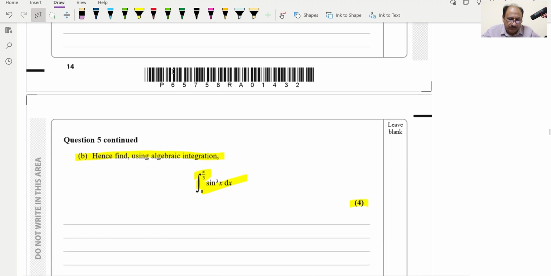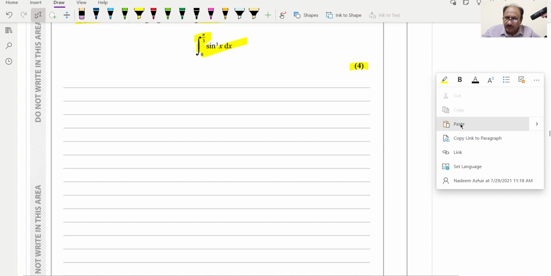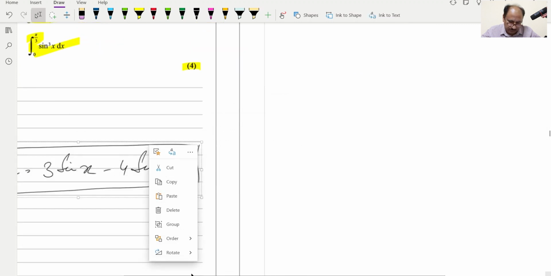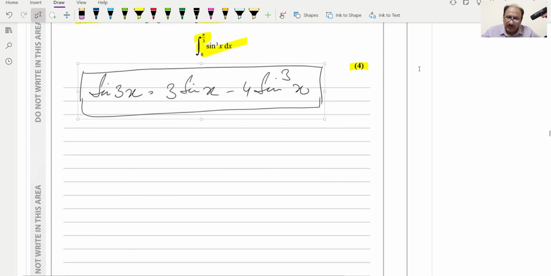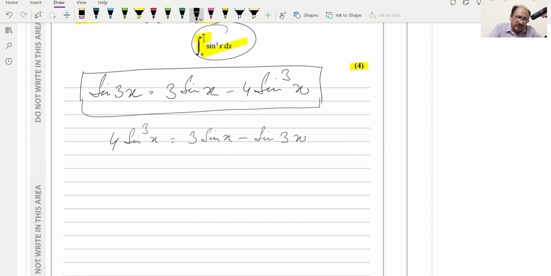So I will copy from here and paste over here, and we can use this result. We can rewrite this equation as 4 sine cube x will be equal to 3 sine x minus sine 3x. Now 4 is extra. I'm just shaping this one, so 4 we will shift to the other side.